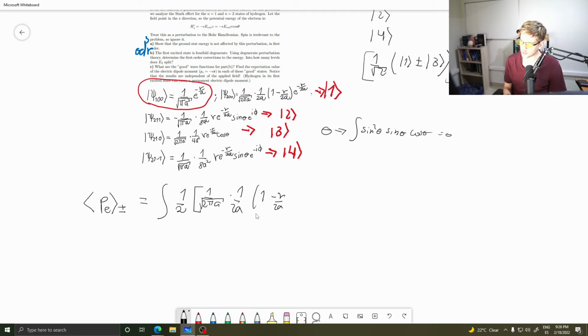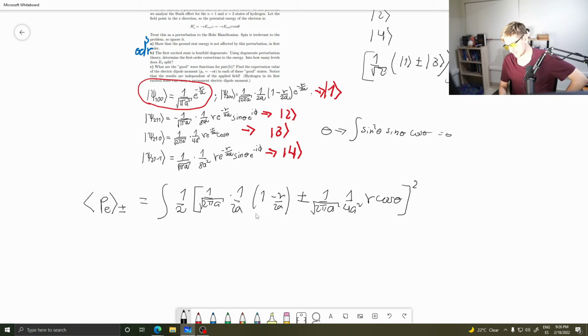We can factor out the e to the minus r over 2a. Then plus or minus, and what do we get? Then state 3, we get 1 over square root of 2 pi a, 1 over 4a squared r cosine theta. And this thing has to be squared. So when we take the exponential out, we get this.